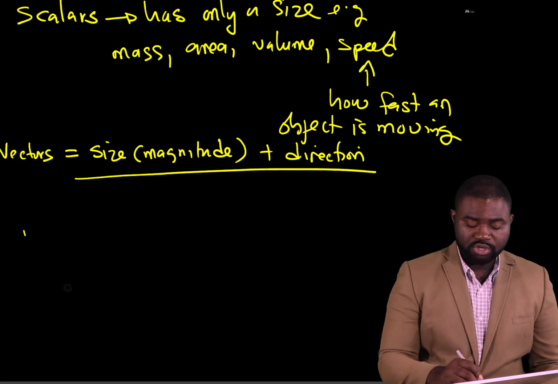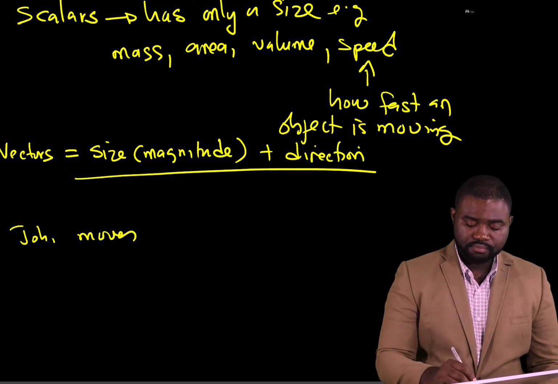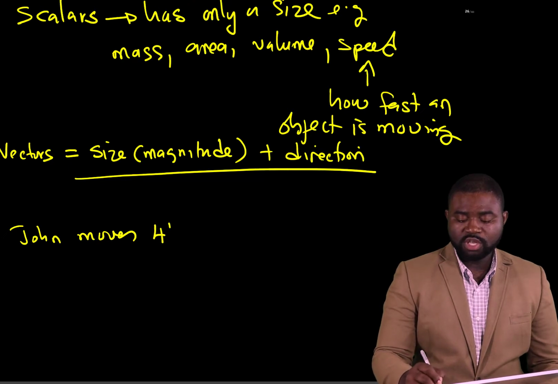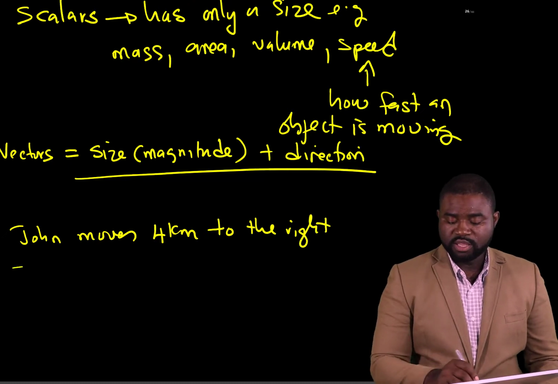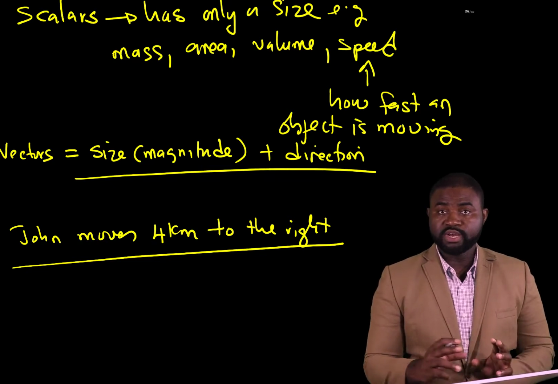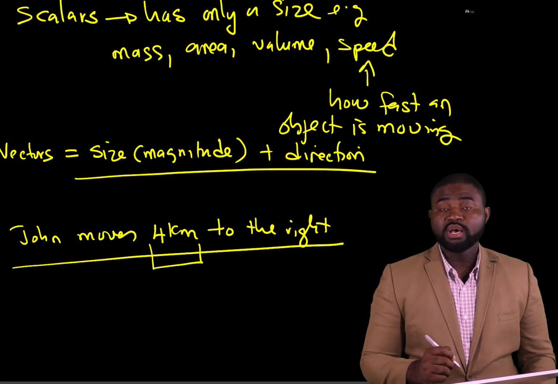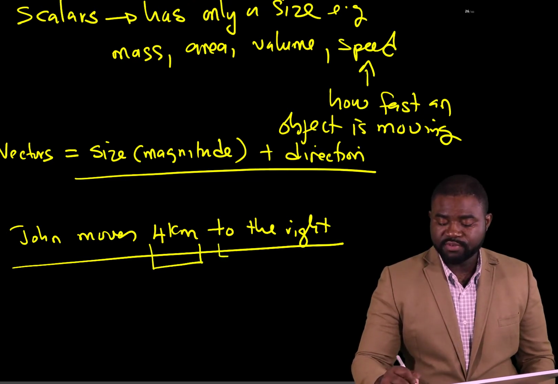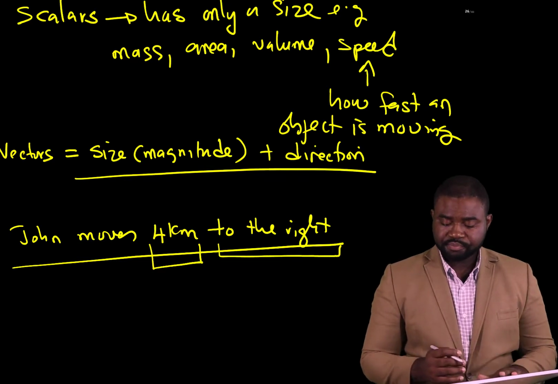If John moves 4 kilometers to the right, this represents the displacement of John to the right. Now you realize that it has a size, 4 kilometers, and it has a sense of direction, to the right. So this is an example of a vector quantity.